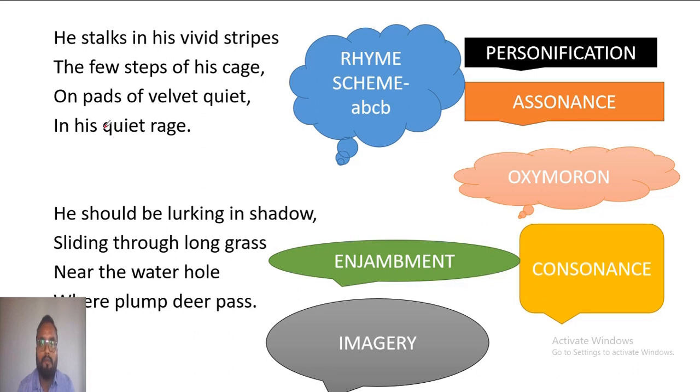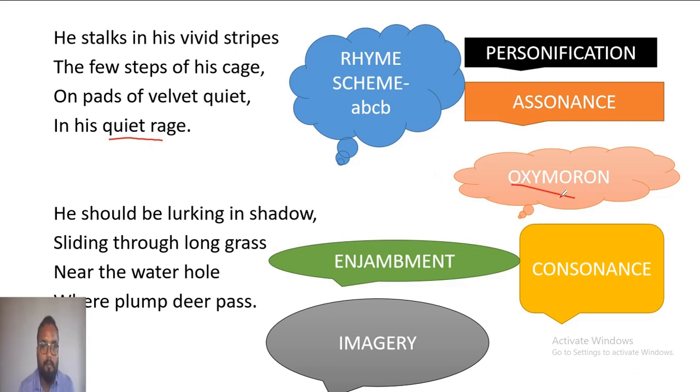These two terms have opposite meanings and are used simultaneously. Already while giving the explanation I explained the meaning. Quiet means silent and rage means full of anger. So these two terms, though quite contradictory to each other, have been used together. So again it forms another figure of speech, that is oxymoron. You can see the spelling over here, it is oxymoron.